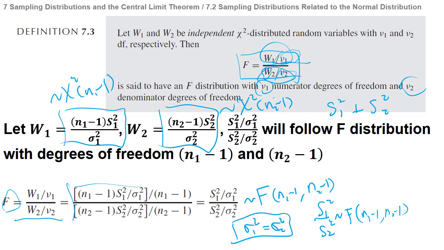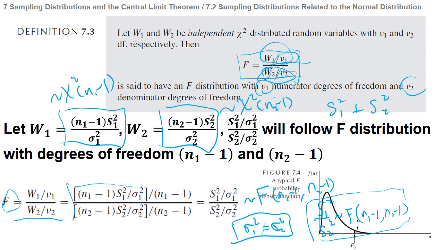If we look at the probability of this event, and it is very rare, then we may conclude that sigma 1 square and sigma 2 square are not equivalent.